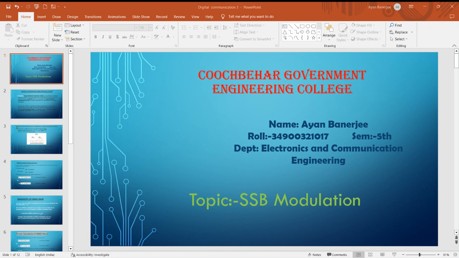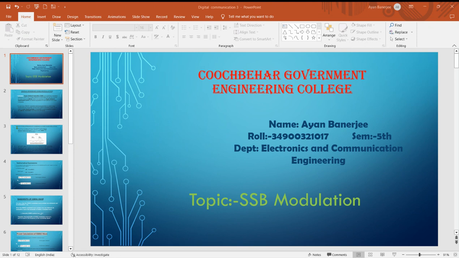So bandwidth of SSBSC modulated wave equals 2fm by 2 equals fm. Therefore, the bandwidth of SSBSC modulated wave is fm.